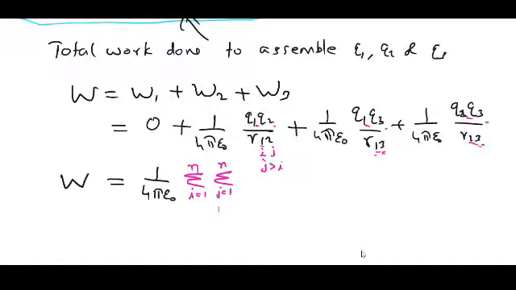Therefore, here I will write j greater than i. Okay. Then what else remains? This is qi qj by rij, j is not equal to i. Anywhere you cannot see R11 or R22. i is not equal to j.